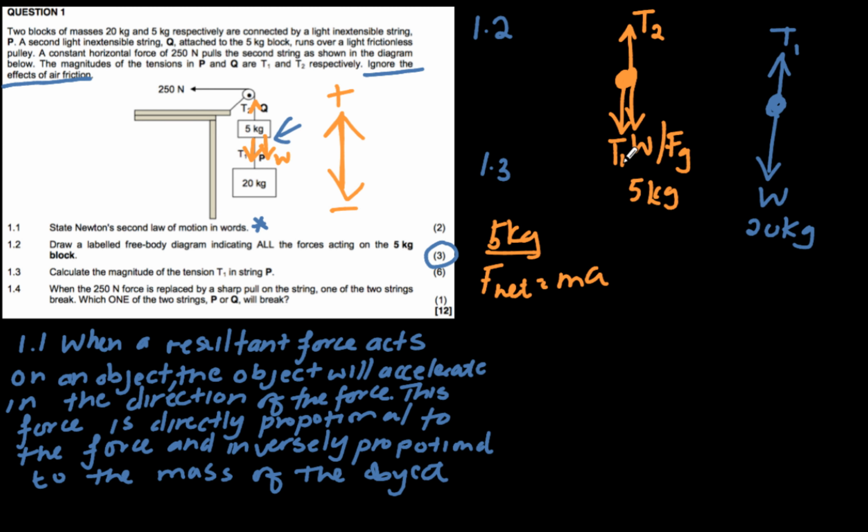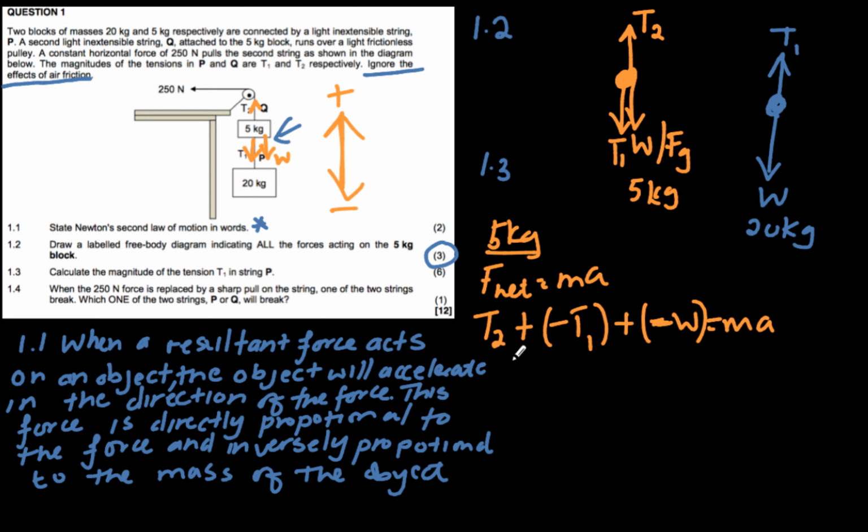Using that, our T2 is going to be positive, T1 and W are going to be negative. So F net is equal to T2 plus negative T1 plus negative W is equal to MA.